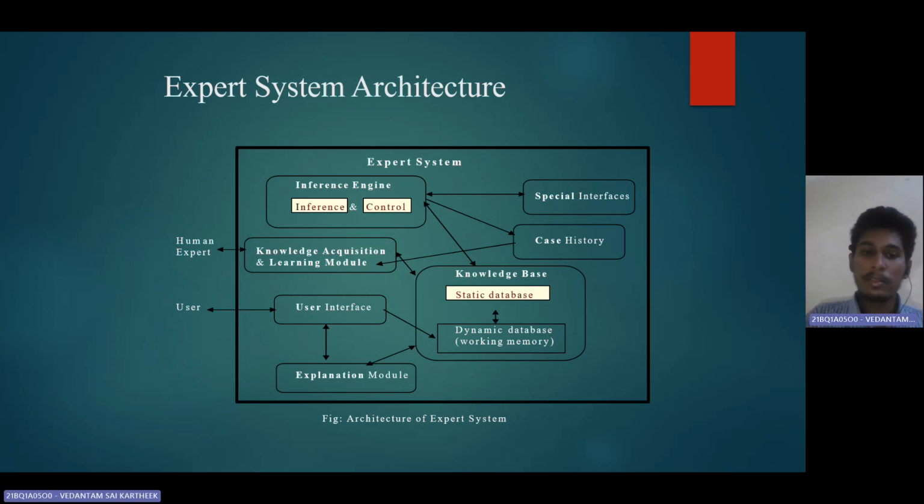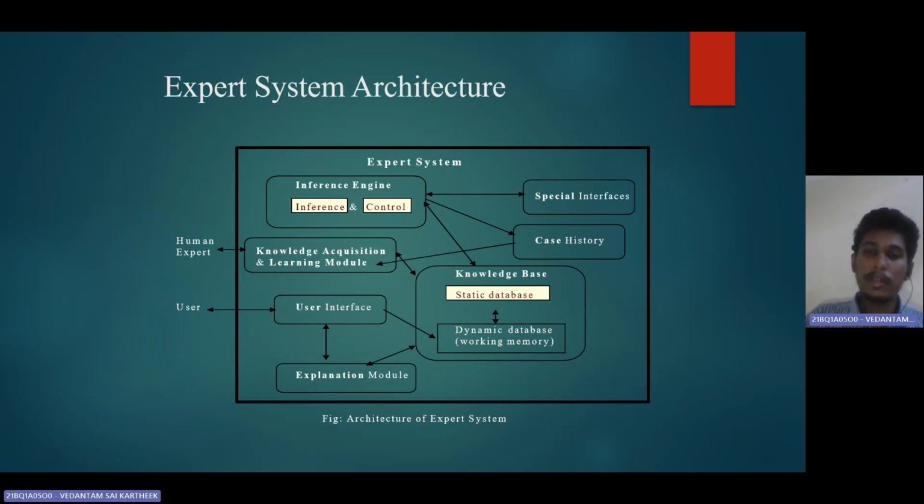This belongs to the knowledge base, and the inference consists of inference and control, and the knowledge acquisition and learning module will learn from the user and also from the case history.